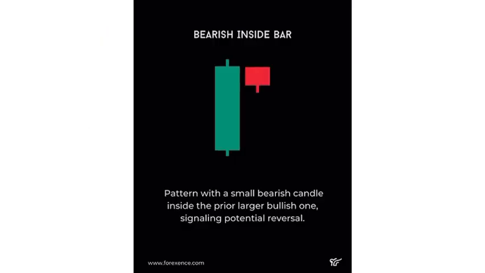Now, let's look at the bearish inside bar. It's a pattern with a small bearish candle inside the prior larger bullish one, signaling a potential reversal, right? The bearish inside bar is one of the most complicated candlesticks that you can ever learn about. It's not about the colors.